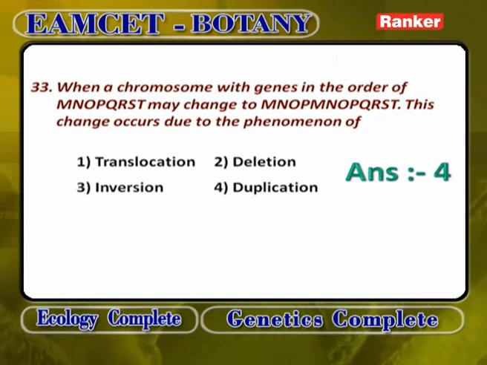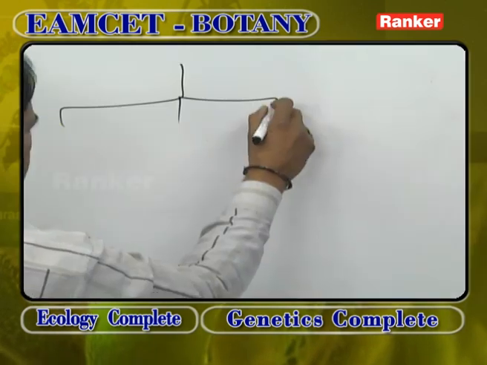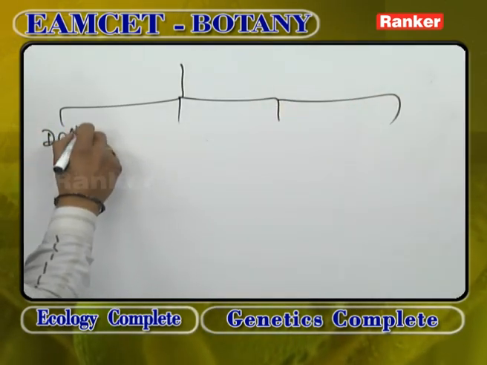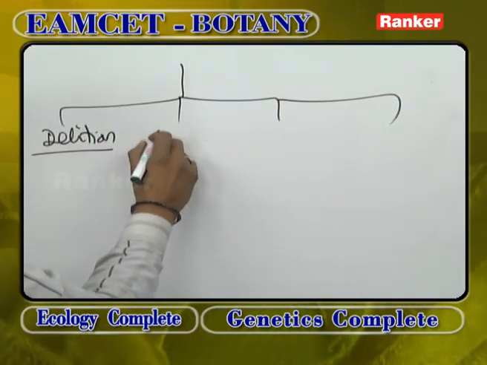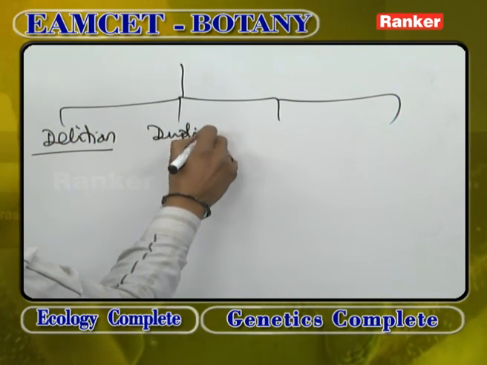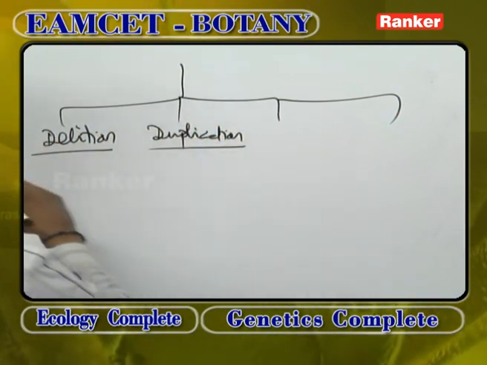When a chromosome with genes in the order MNOPQRST changes to MNOPMNOPQRST, this change is due to which phenomenon? There are four possibilities. Deletion: a part of the chromosome is lost. Duplication: a part of the chromosome is doubled.